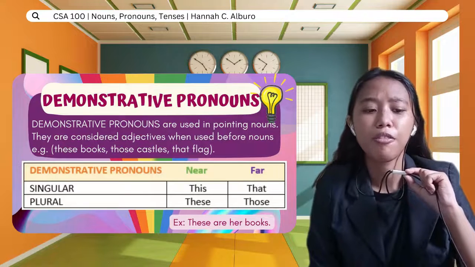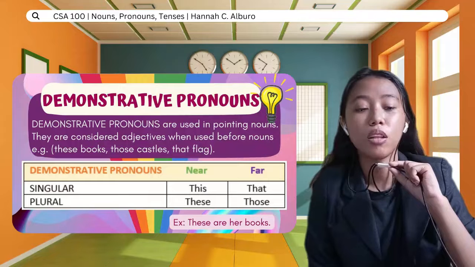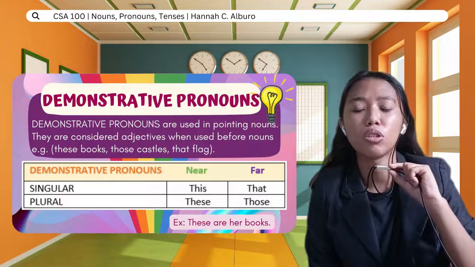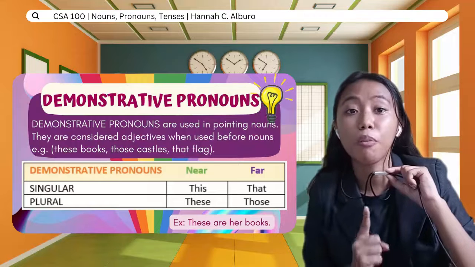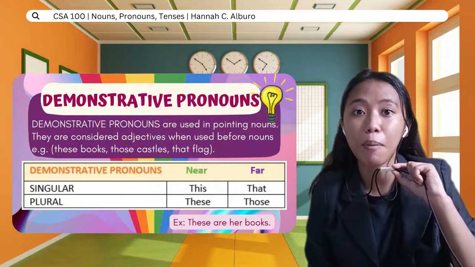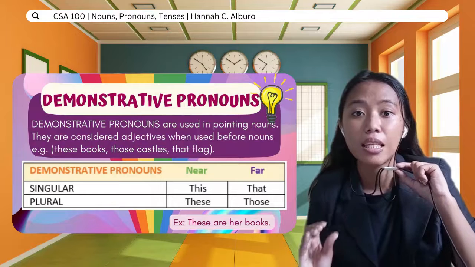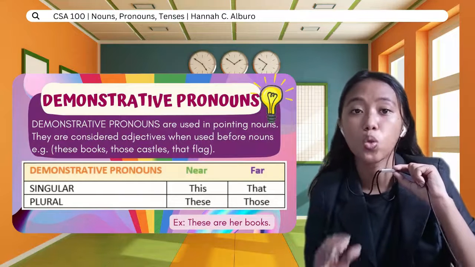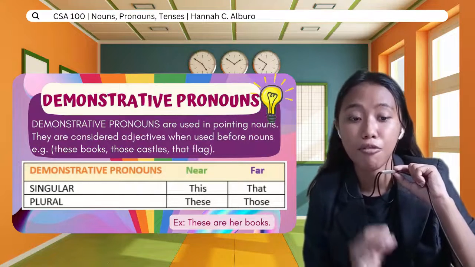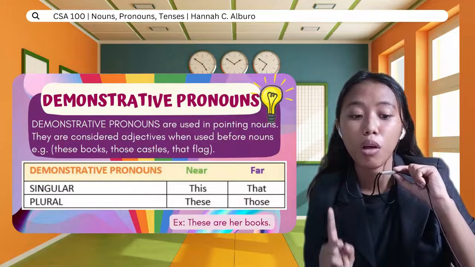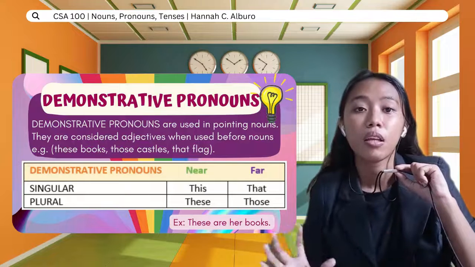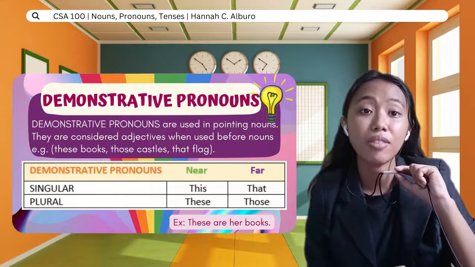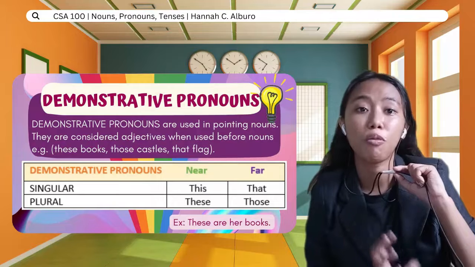Demonstrative pronouns are the pronouns used in pointing to nouns. They are considered adjectives when they are used before the noun. Take for example: these books, those castles, that flag. The words these, those, and that function as adjectives because they are used before the nouns.